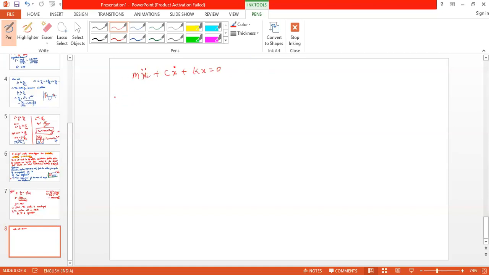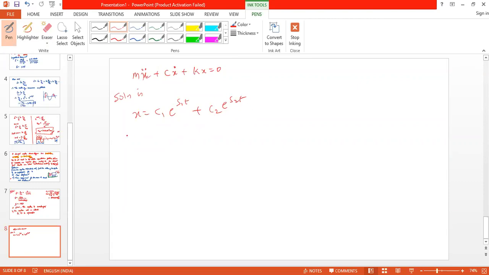And what is the solution for this? Solution is x is equal to C1 e power s1t plus C2 e power s2t. I can find the values of C1 and C2 by substituting the initial conditions, but I need to know the values of S1 and S2.